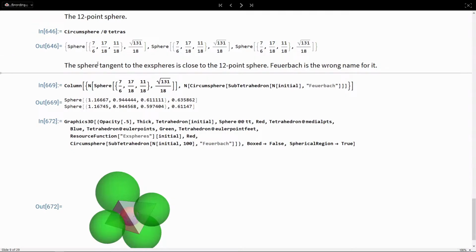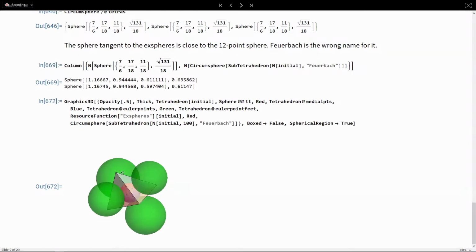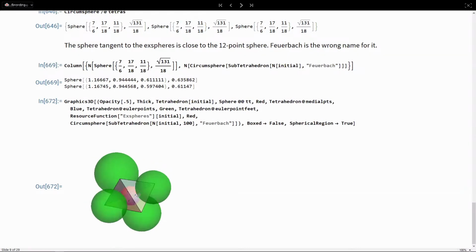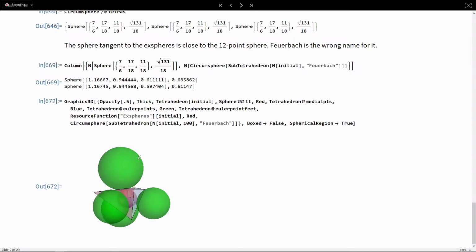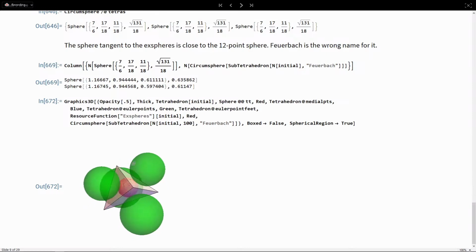Oh, what is my comment here? The sphere tangent to the exspheres is close to the 12-point sphere. I'm going to call it the Feuerbach sphere for now. Feuerbach was the one who proved that the 9-point circle and the incircle have a single tangency point, which is called the Feuerbach point.